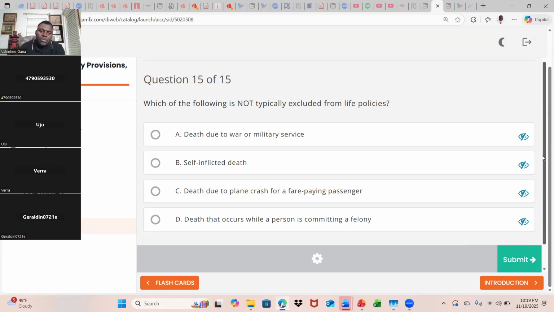No. Correct. So based on your answer, what do you think the answer here is? It's C. Which of the following is not typically excluded from life insurance policy? You said it's C. Death due to plane crash for a fare-paying passenger. Very true.